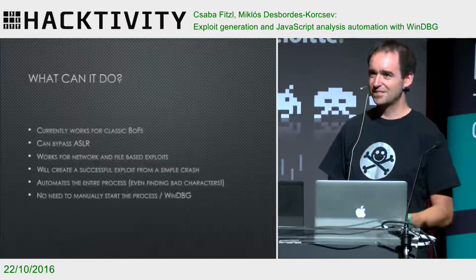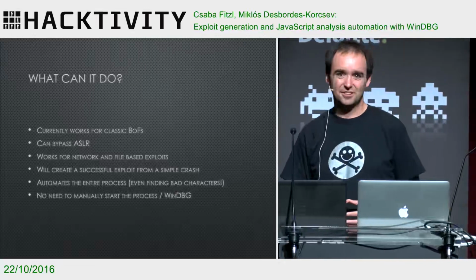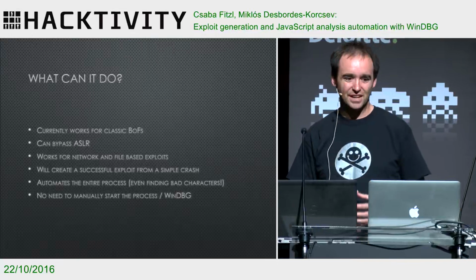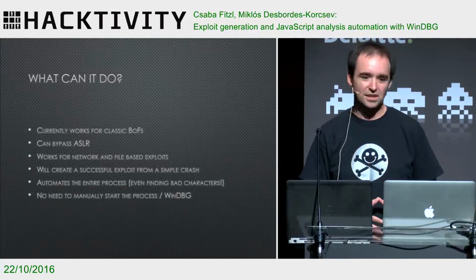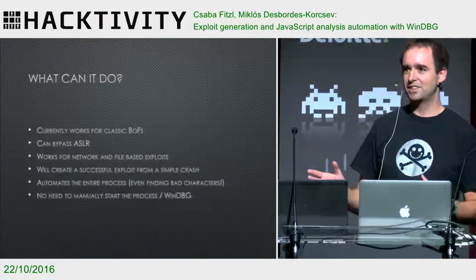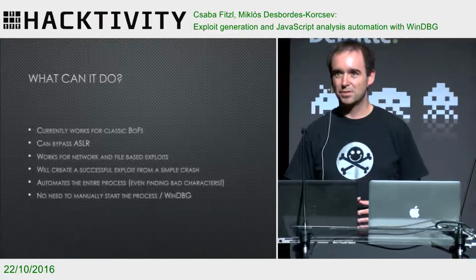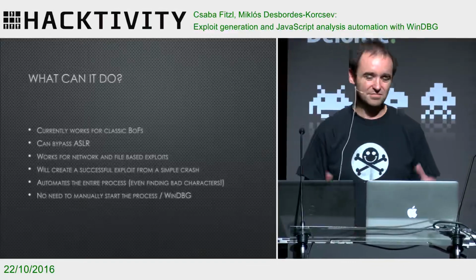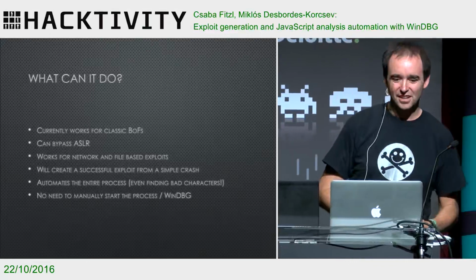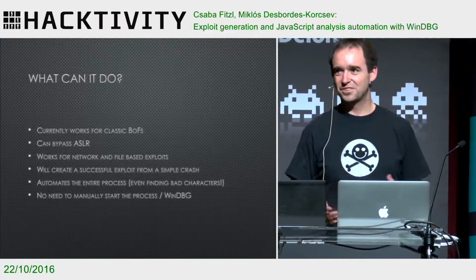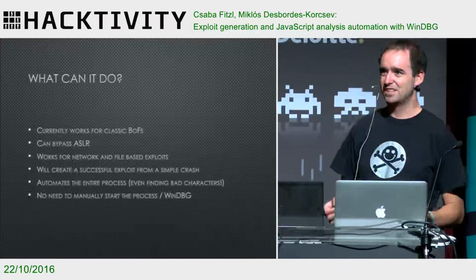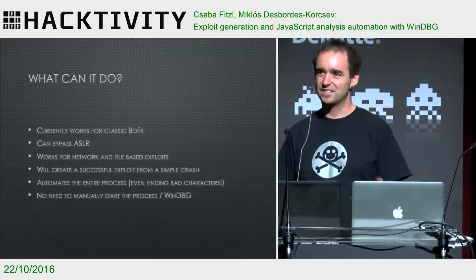And it will create a successful exploit from the simple crash, and it automates the entire process. Unless you need to interact with the application for some reason, but if not, then basically you don't have to touch it. And you don't need to start WinDebug or anything, because the script will start the process inside WinDebug already.